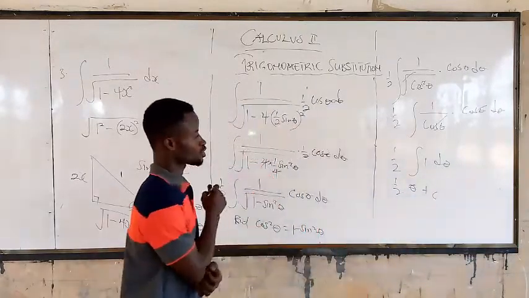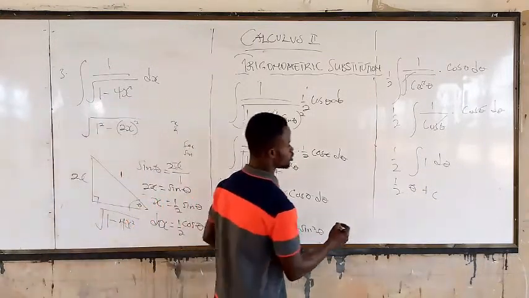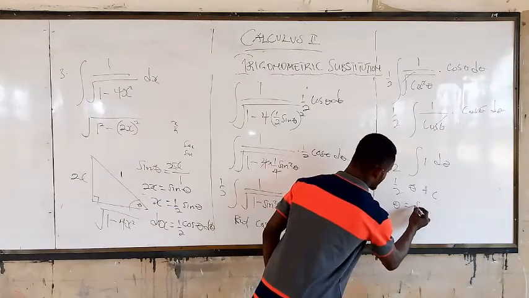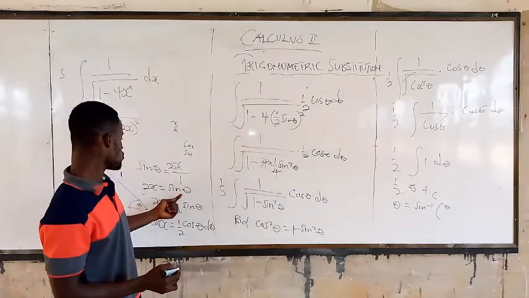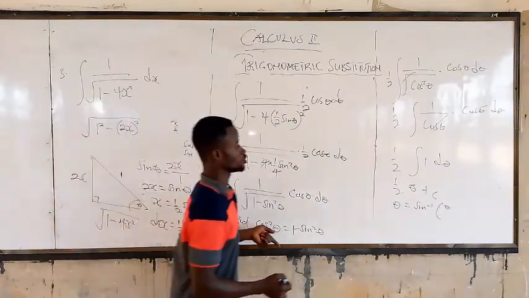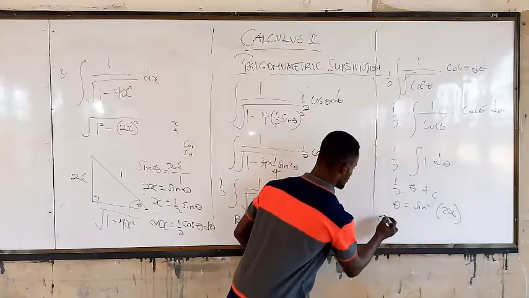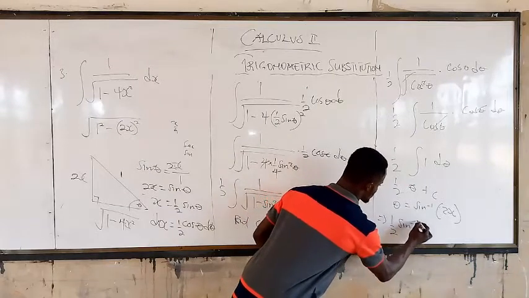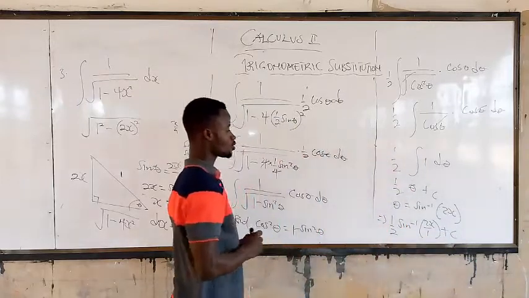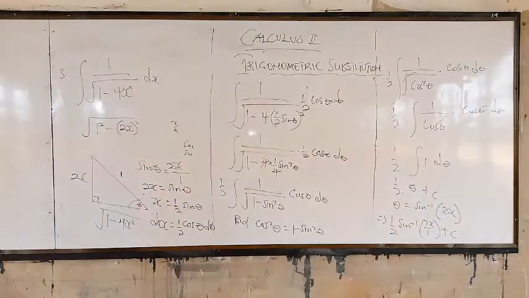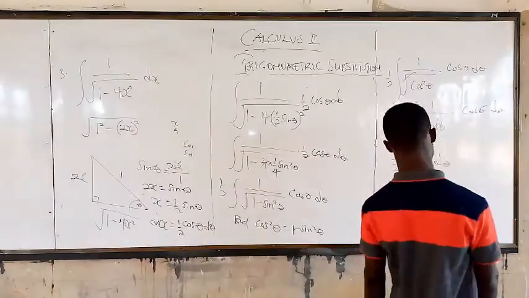Right? And here simply we know that theta is equal to what? Sine inverse of 2s over 1. So we get sine inverse of 2s. Therefore we have half sine inverse of 2s over 1 plus c. So in this case, that is going to be the final answer for that.